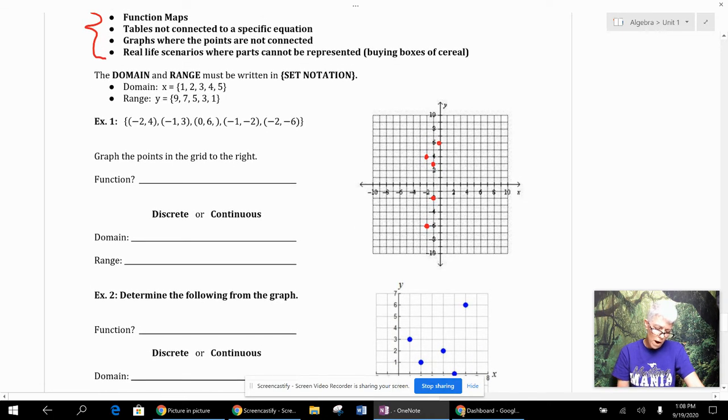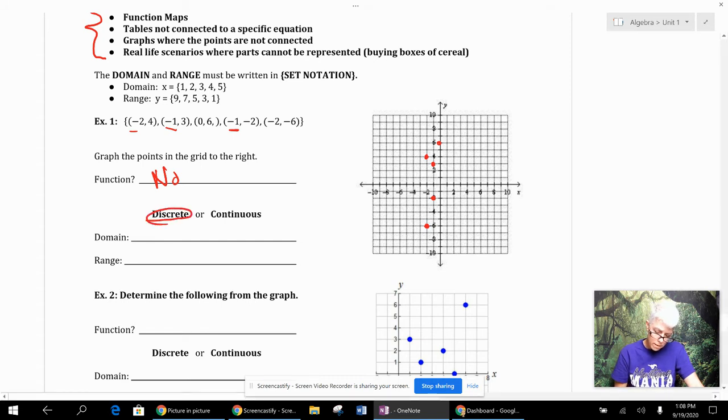Then they ask, is it a function? You could look at the ordered pairs or the graph, and you would say no. You can see that the X value is repeated. This graph with the dots on it would fail the vertical line test.